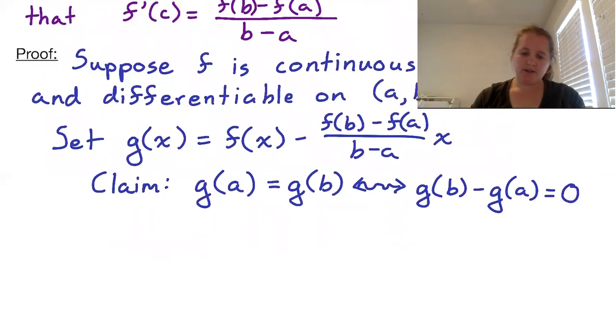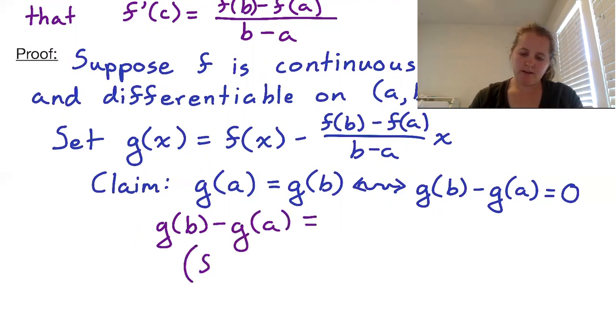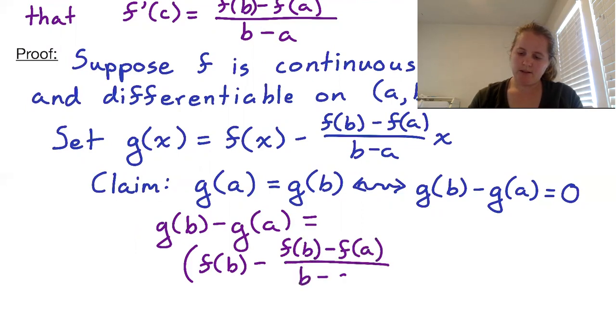So let's go ahead and check that. I'm going to do this in another color quickly. g of b minus g of a: g of b is f of b minus f of b minus f of a all over b minus a times b.